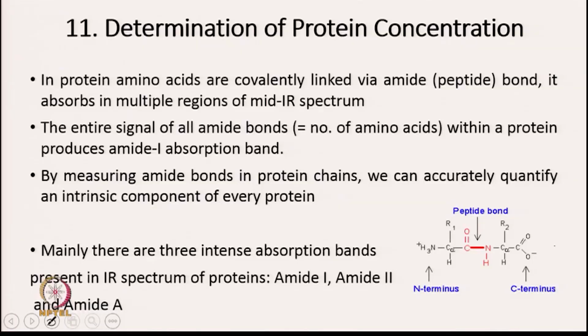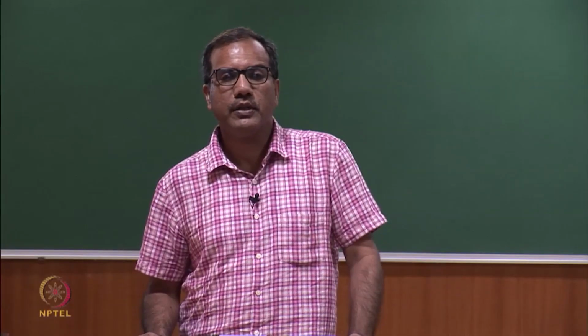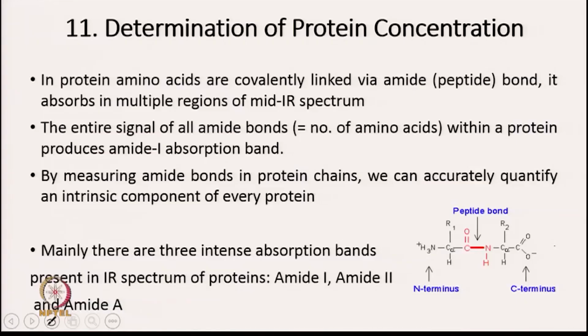IR spectroscopy can also be used for the determination of protein concentration. In protein, amino acids are covalently linked via amide bonds, and these absorb in multiple regions of the mid-IR spectrum. The entire signal of all the amide bonds, which is generally equal to the number of amino acids within a protein, produces the amide 1 absorption band.